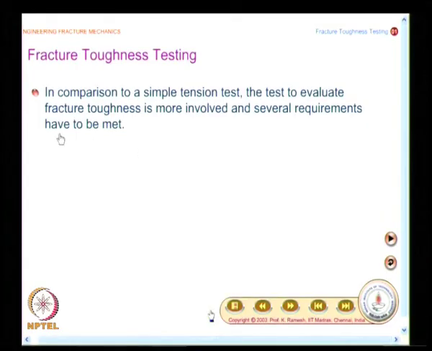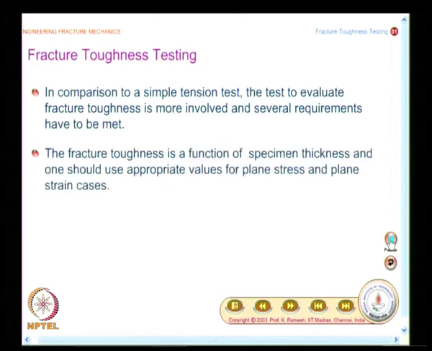And if you look at, in comparison to a simple tension test, the test to evaluate fracture toughness is more involved and several requirements have to be met. This is the fundamental difference. And we have already noted that fracture toughness is a function of specimen thickness, and one should use appropriate values for plane stress and plane strain cases.